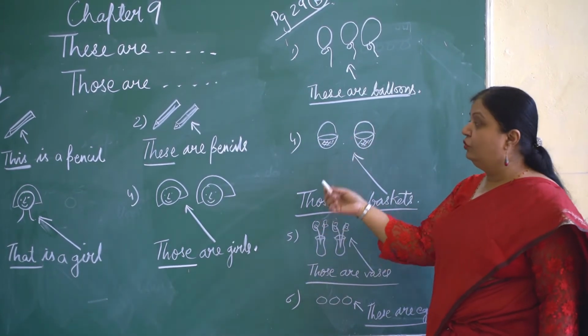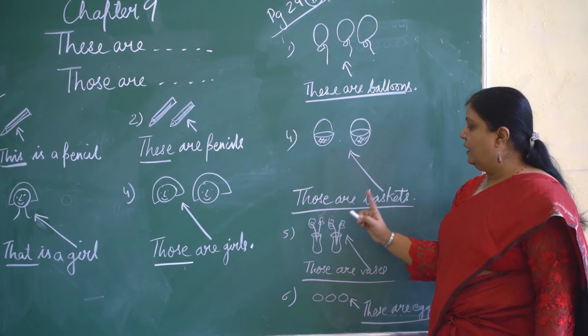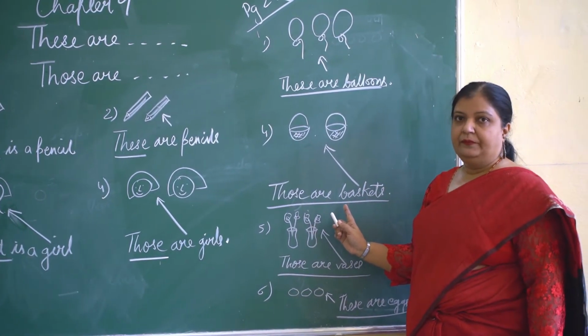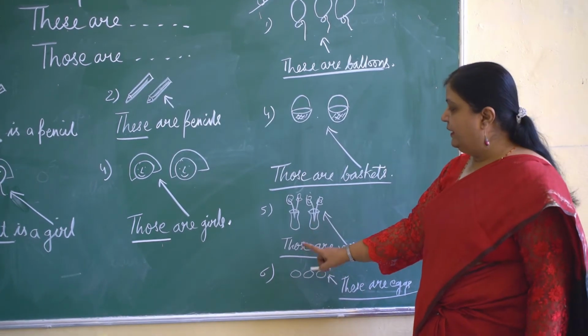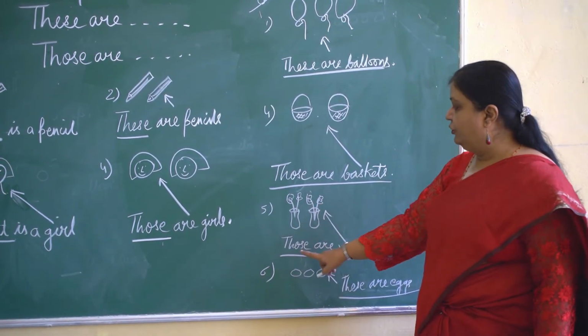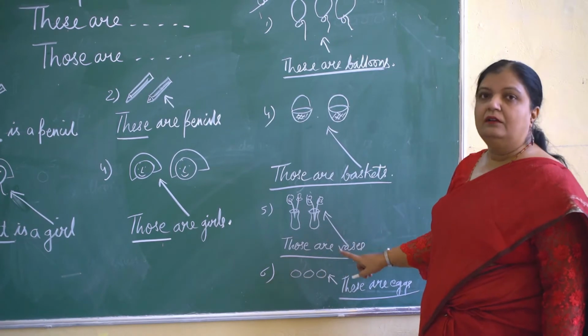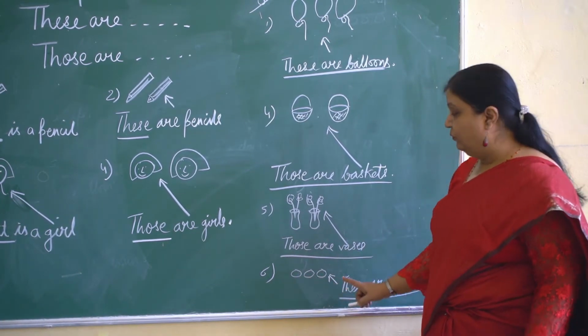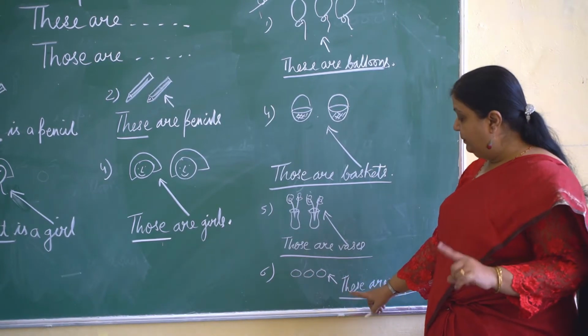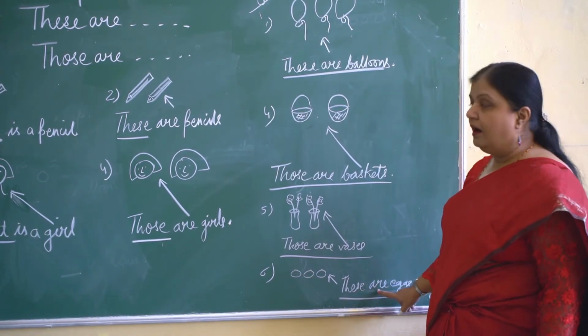So those are baskets. Then the fifth picture, two vases are there but far off, and what will you write? Those are vases. Then eggs are there, more than one, close up. These are eggs.